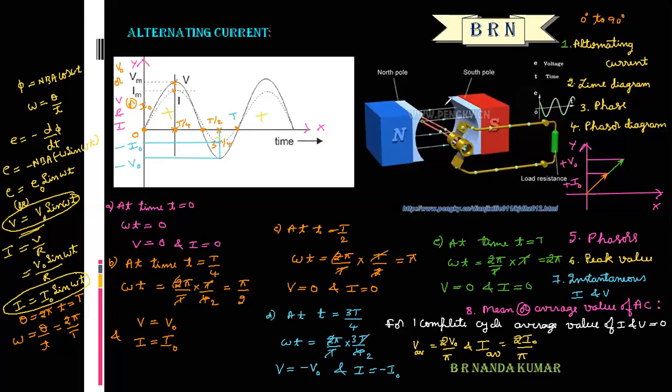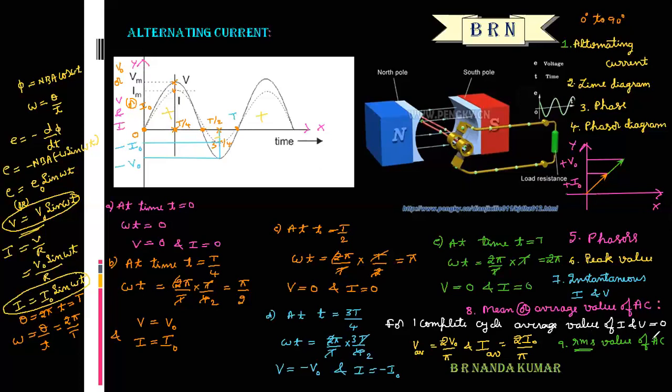Okay, so the next term, that is RMS value. RMS value of AC. RMS, that means root mean square.